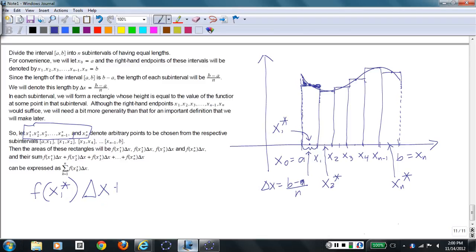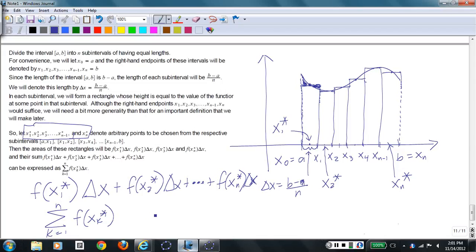If we add that to f of x sub 2 star times delta x and keep doing that until we get to f of x sub n star times delta x, then we could represent the sum of the areas of those n rectangles using sigma notation: sigma k equals 1 to n of f of x sub k star times delta x.